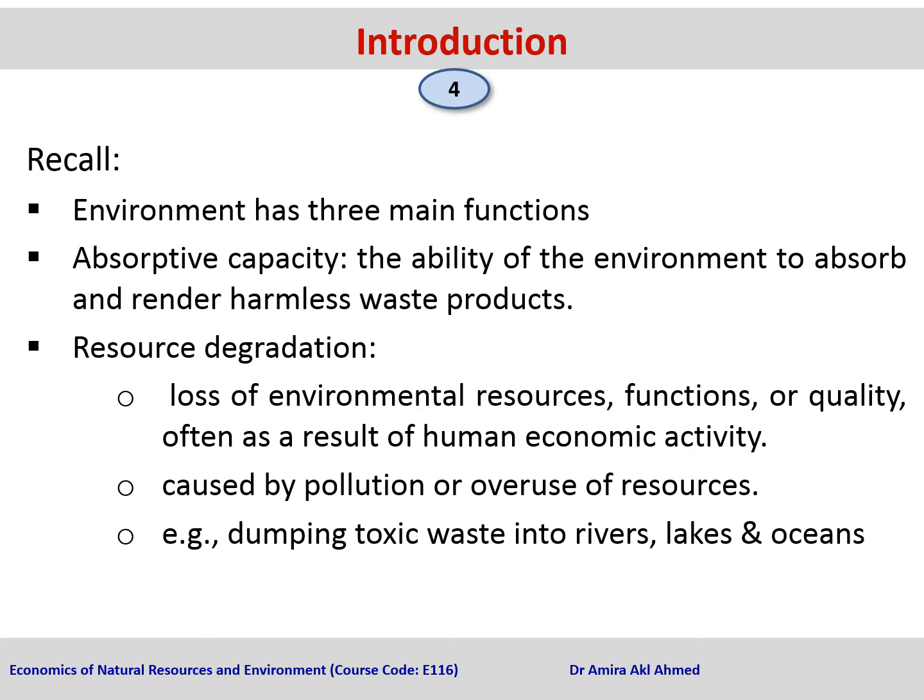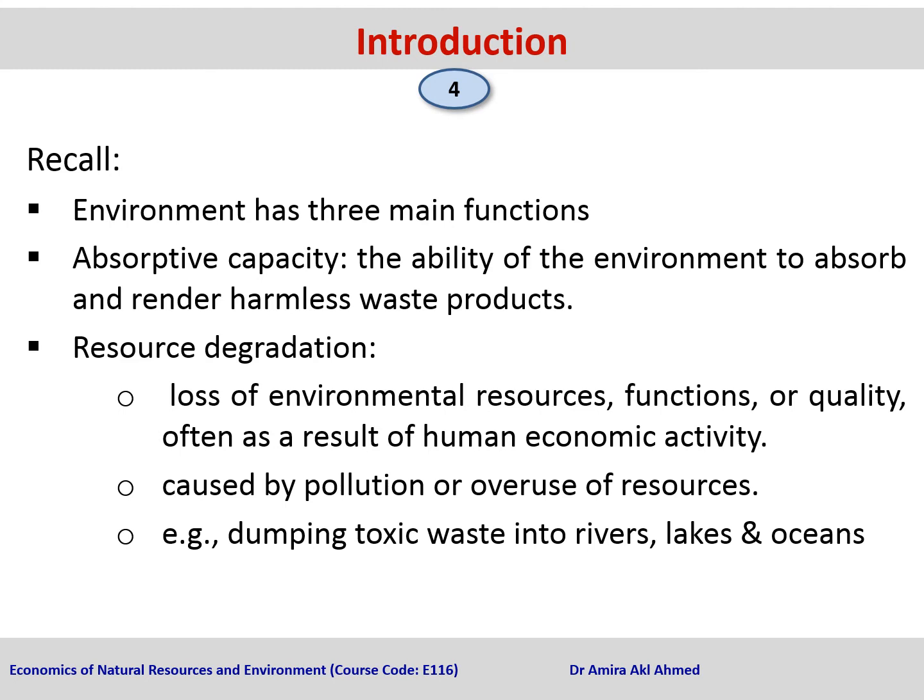Resource degradation occurs if a natural resource becomes less productive over time. For instance, if a river, which is used for fishing, is negatively affected by water pollution, then this river will become less productive over time.